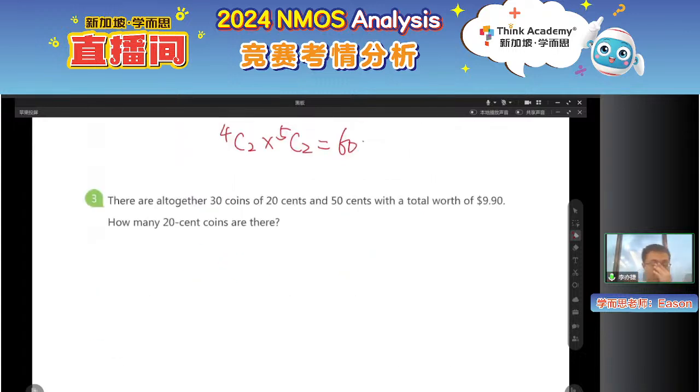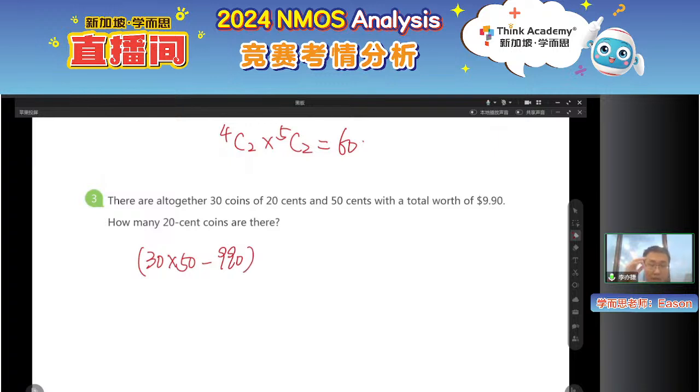Question 3, a typical chicken and rabbit question, right? 20 cents and 50 cents coins, total is 9.9 dollars, 30 coins. How many 20 cent coins are there? First of all, we can assume that all 30 coins are 50 cents. So there should be 1,500 cents. But actually we only have 990 cents. Why is that?